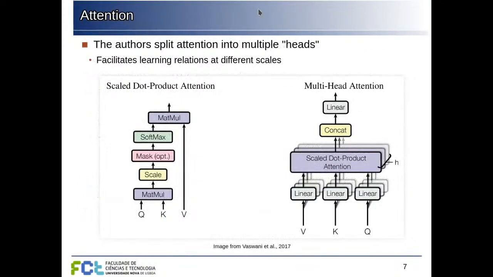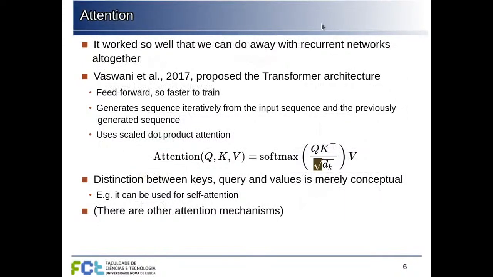Okay, so let's see how this works. In this transformer, the authors propose a multi-head attention layer. This is the scaled dot product attention. So we're going to multiply these two vectors, the query and the keys. We're going to scale this as a function of the length of this vector, so this scaling factor here.